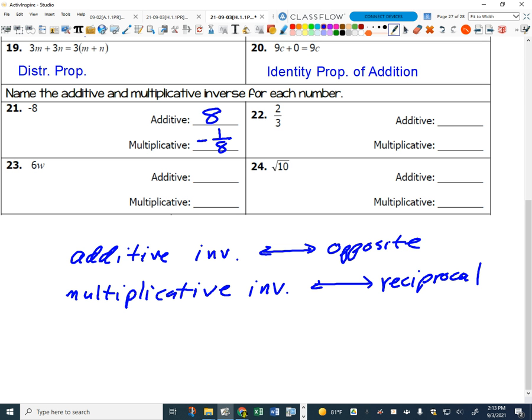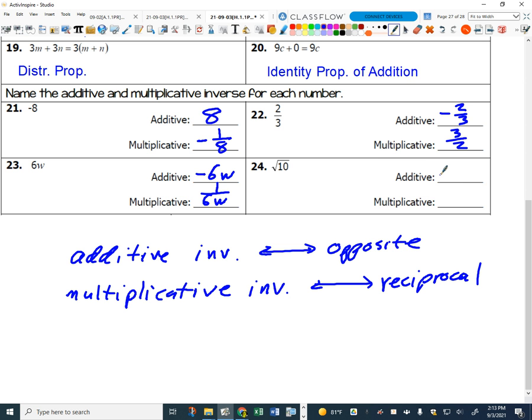What's the additive inverse? -2/3. What's the multiplicative inverse? 3/2. For 6W, the additive inverse is -6W. The multiplicative inverse is 1 over the whole 6W, right? Because the entire thing has to be flipped. Does that make sense? Okay.